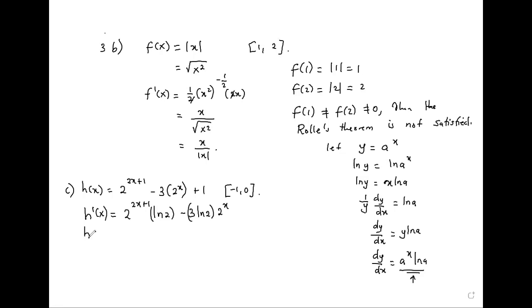Let's now check what is h of -1. 2 to the power 2 times negative 1 plus 1, minus 3 times 2 to the power negative 1 plus 1. When x is -1, so that we get what?